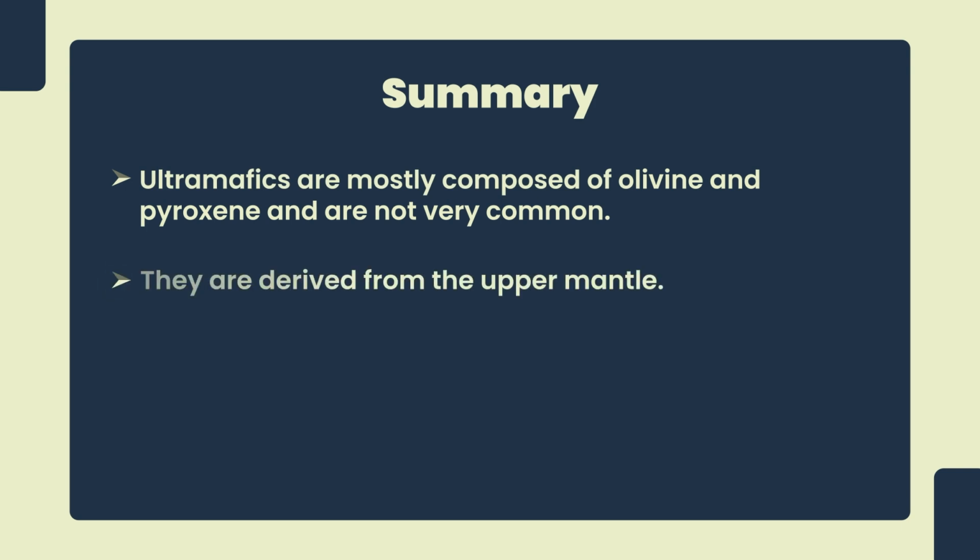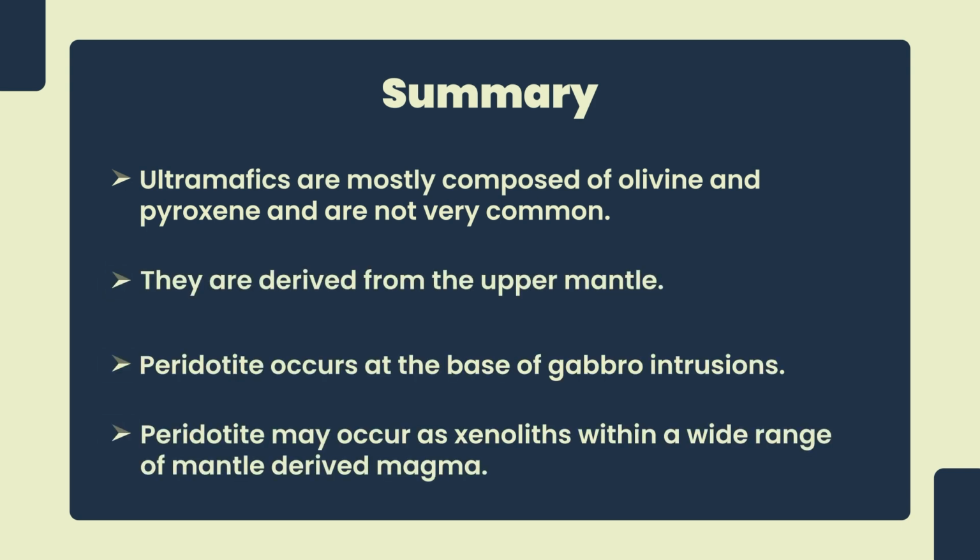Let us summarize what we learned today. Ultramafics are mostly composed of olivine and pyroxene and these rocks are not very common. Most of these rocks are intrusive in nature, but some may be extrusive, like volcanics known as komatiites. Komatiites have a very typical texture called spinifex texture, in which olivine crystals are elongated.